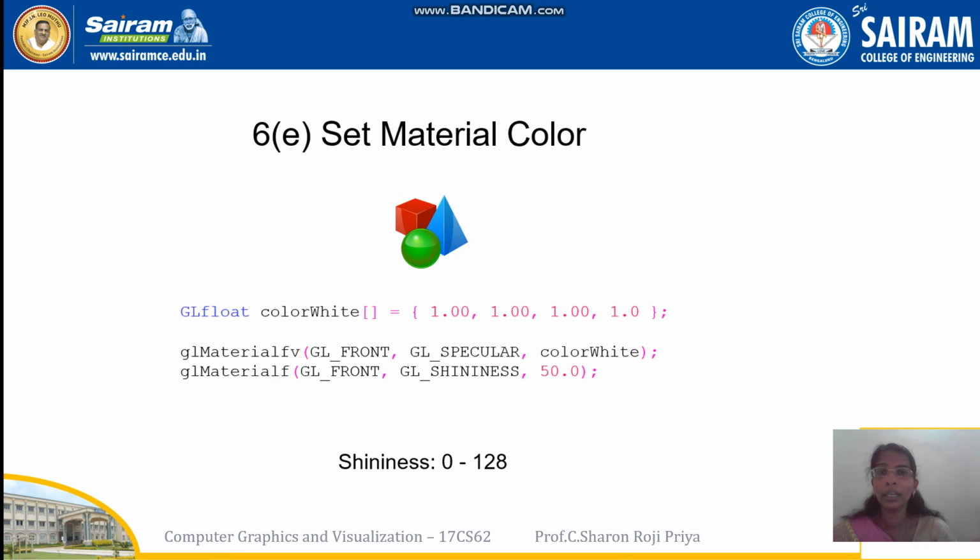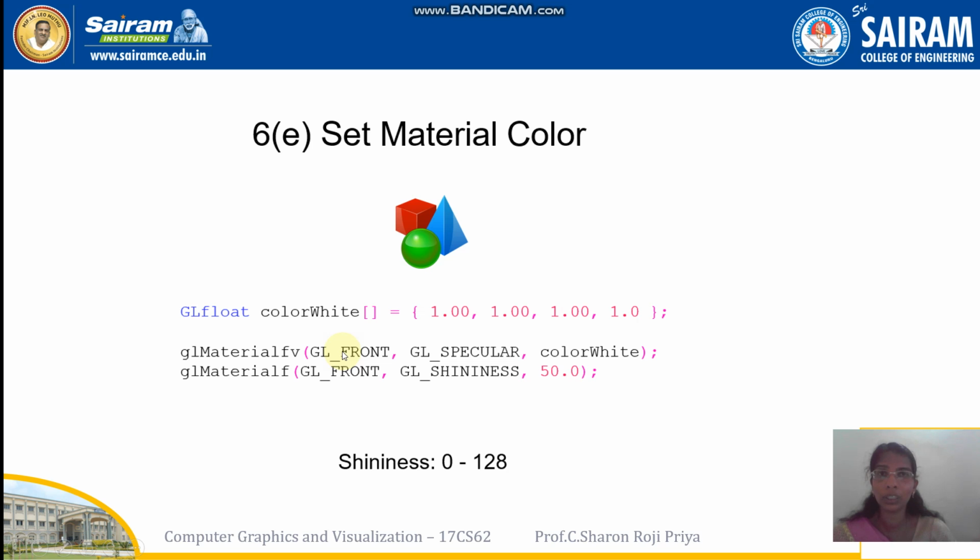Next, I have to set the material color. For that, the corresponding OpenGL function is glMaterialfv. The first parameter is which side of the polygon, so I have to specify the side of the polygon.